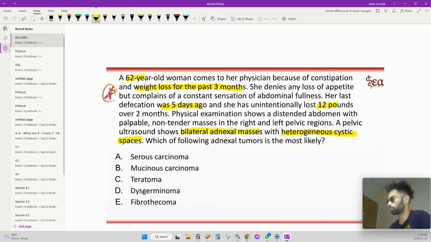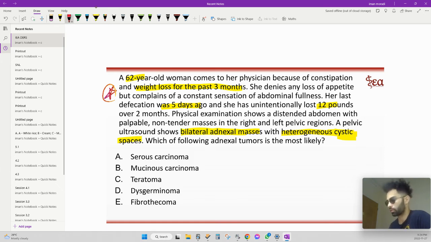The pelvic ultrasound shows a bilateral adnexal mass with heterogeneous cystic spaces. So we're thinking of cystic spaces, bilateral, on the ovaries. Okay, so we get an idea.